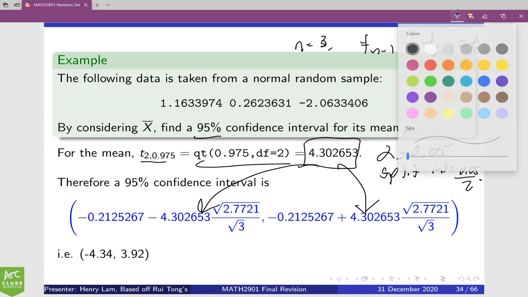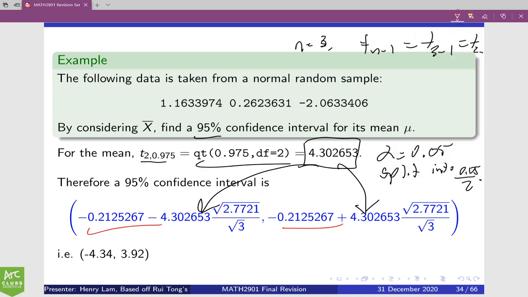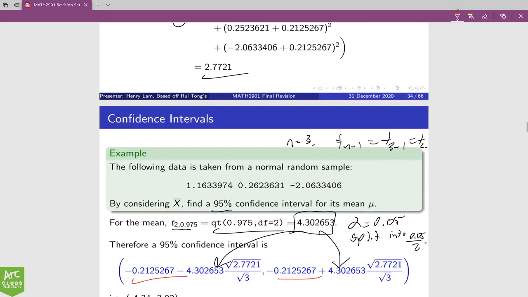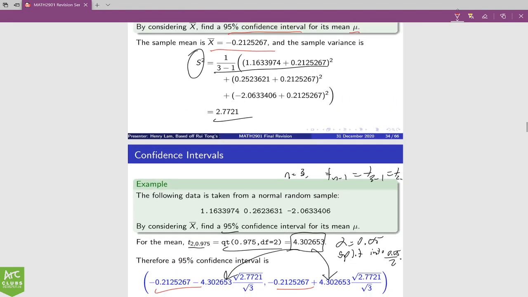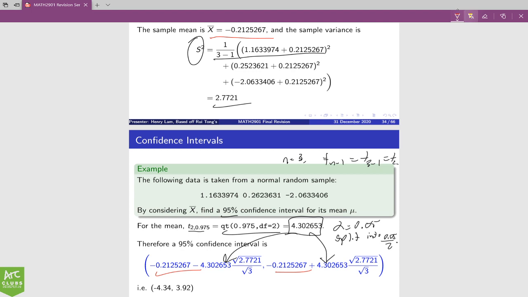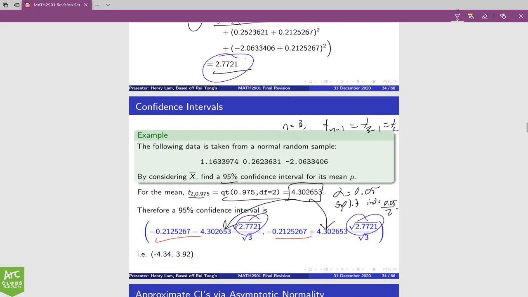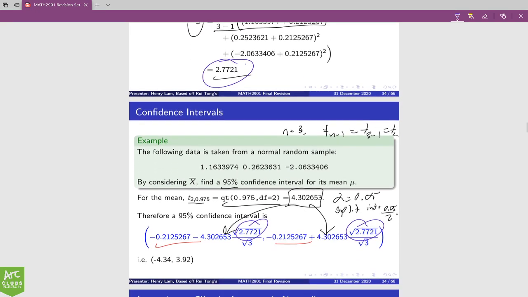This value over here is just the sample mean, and the value over here is just this thing. So you can see it's just plugging numbers in. It's not too bad. And we found a 95% confidence interval.